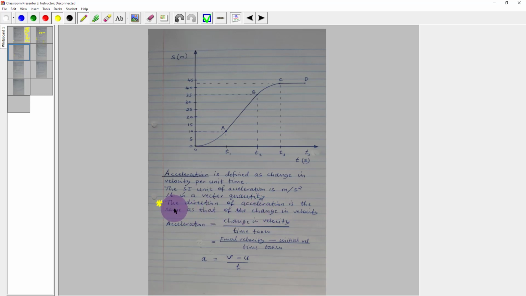So up front, I'd like you to understand the direction of the acceleration is the same as the direction of the change in velocity. As an equation, acceleration is change in velocity divided by the time taken for that change to take place.